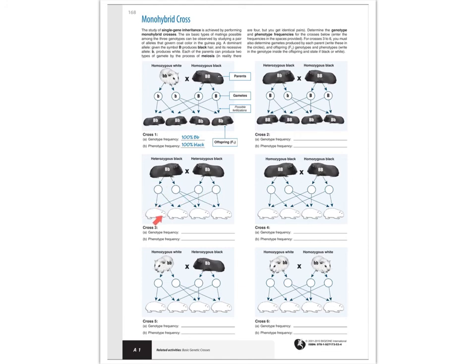Combine them and put their combined genotypes here. So this is basically what you see going on up here. You're going to do that for all four of these. Easy peasy. Now the genotypic frequency and the phenotypic frequency, we did that in class. You should be able to handle it.